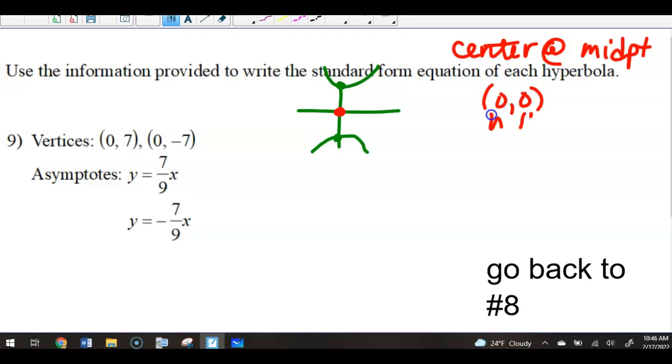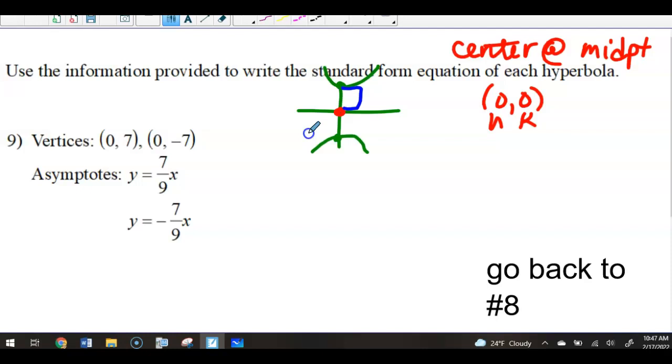So h and k are 0. And you already also know a, because a is the distance from the center to the vertex. Let's think about where we would see that on the sheet. Let me grab a reference sheet.